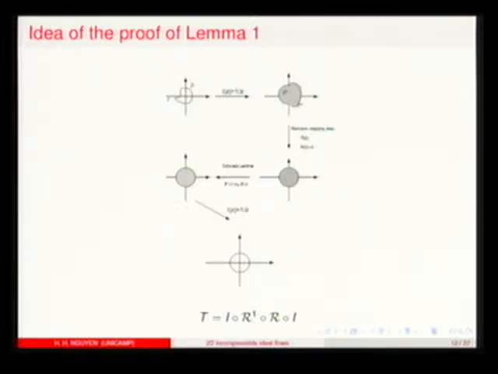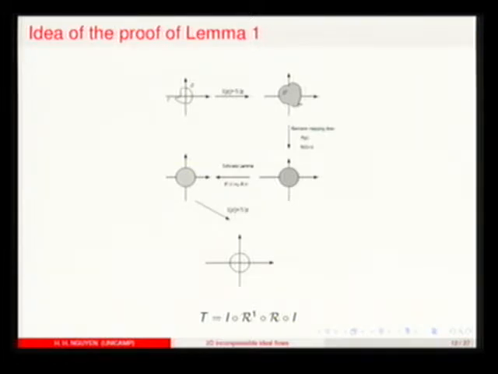And with the condition R0 equals 0, we can transform the interior of omega to the interior of the disk.